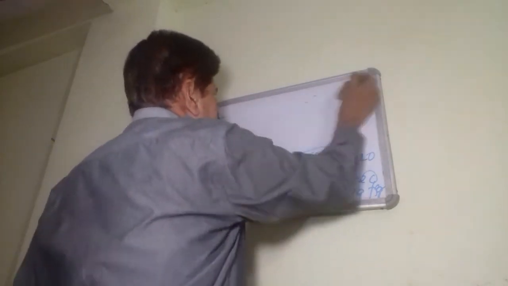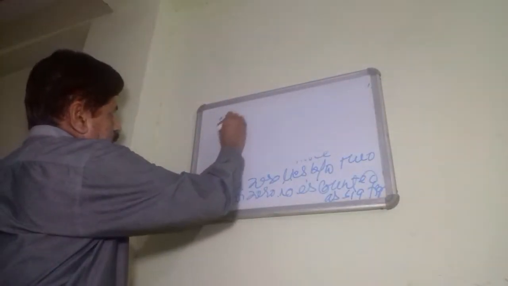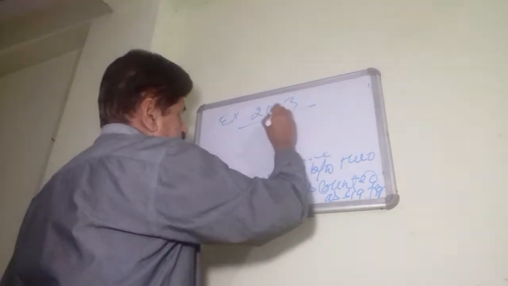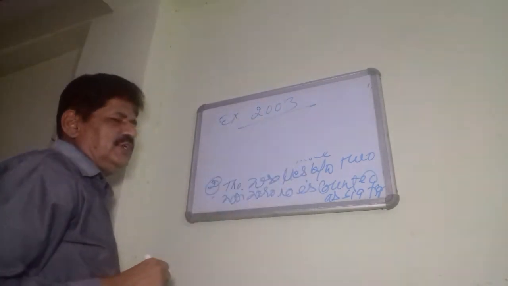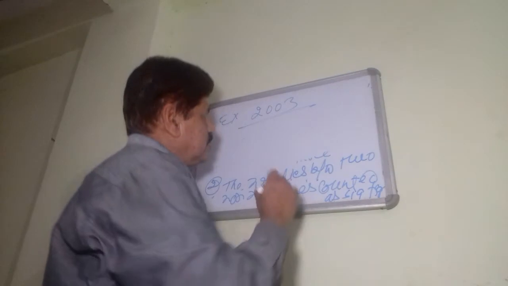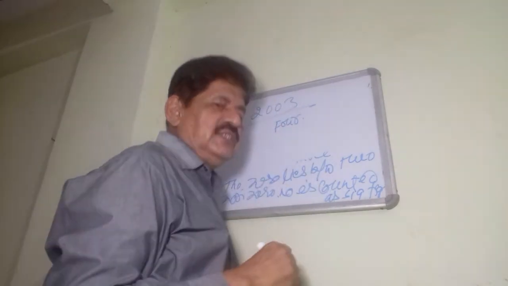Example, 2003. So this 0 lies between two non-zero digits, so it is counted as a significant figure. So there are 4 significant figures in this case.